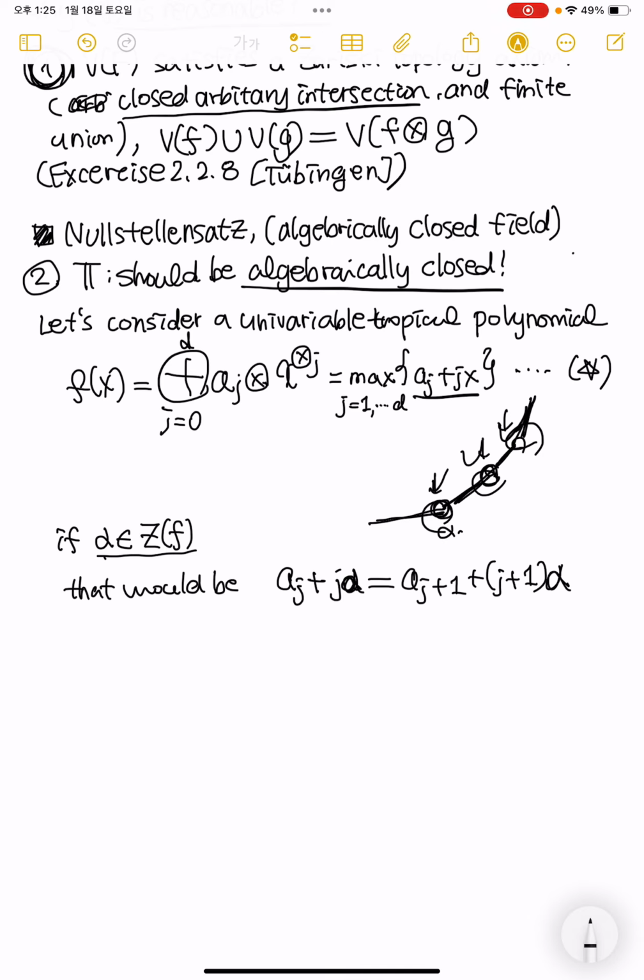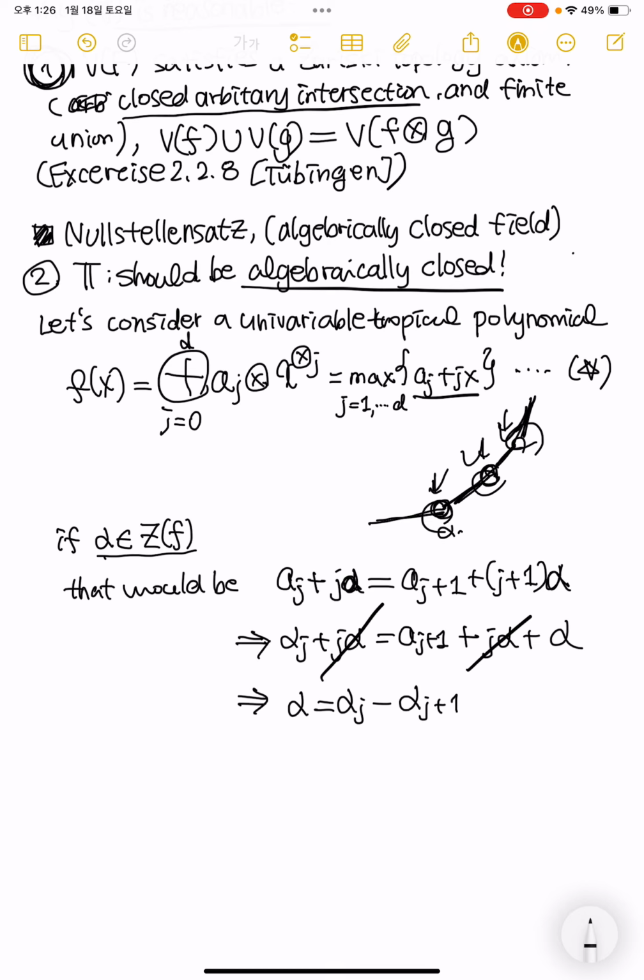And if we compute the equation, solve the equation that vanishes this, we can obtain like this.